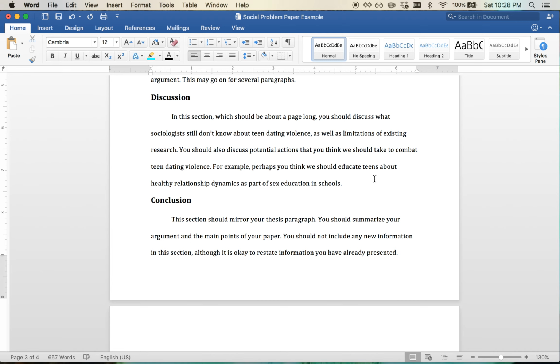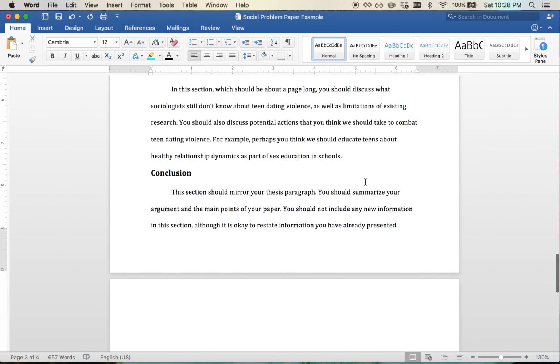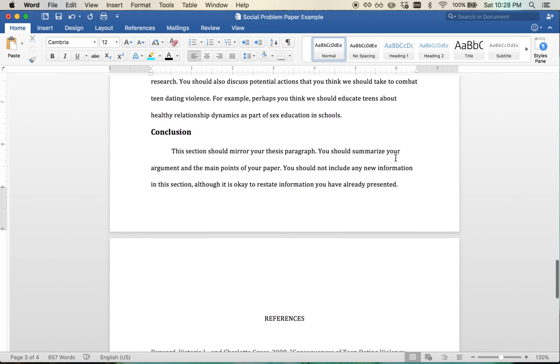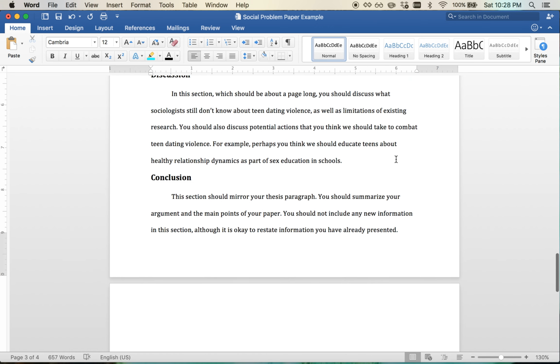Or maybe you think that the government should provide more resources for victims of teen dating violence. It can be anything, but you need to make a reasoned argument for what you think should be done about your problem.